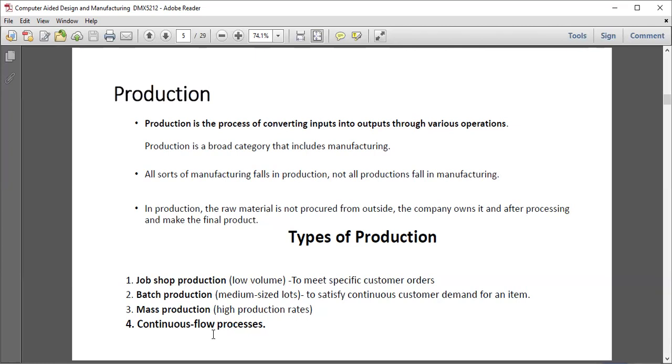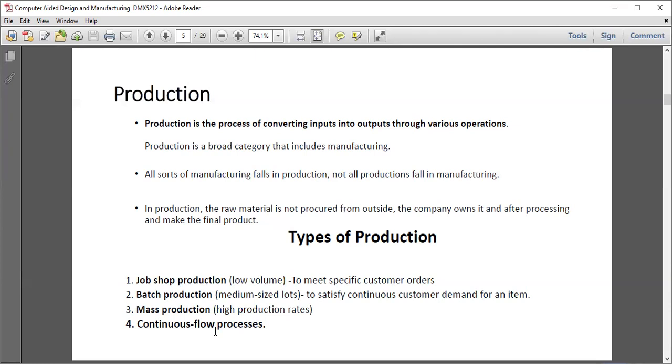Next is continuous flow of process. If you start from the raw material, it continuously processes to get the output product. This type of operation includes oil, sugar, or processing rice.